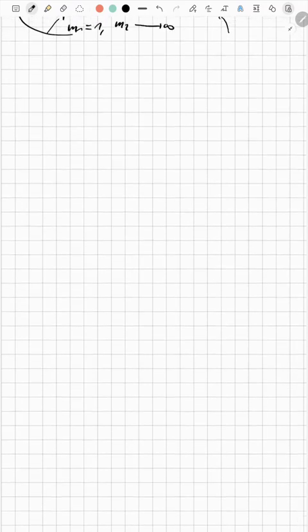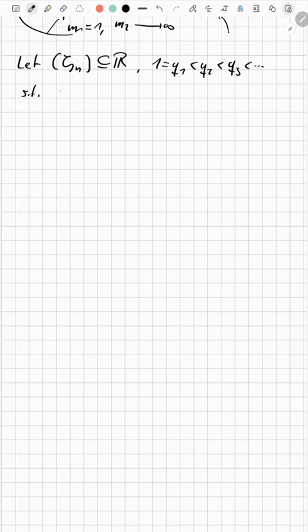Okay, so now we have our block basic sequence. So we know that we have real numbers zeta n, and we have numbers q1 less than q2 less than q3, and on and on, such that uj is the same as the sum going from qj up to qj plus 1 minus 1 of zeta n en.